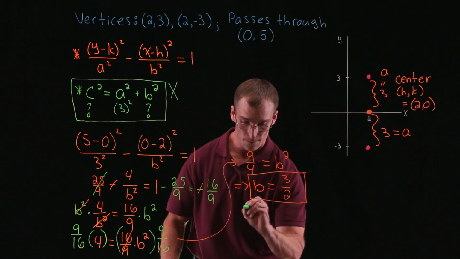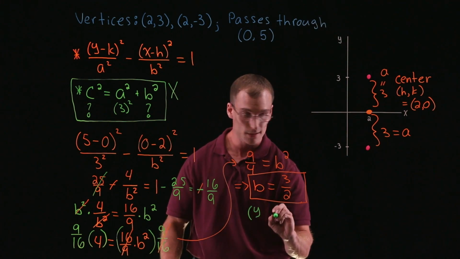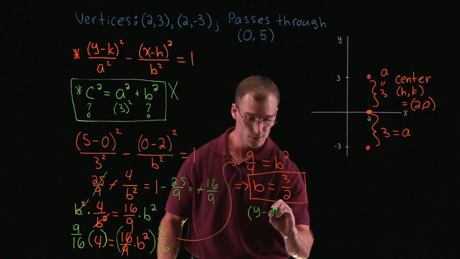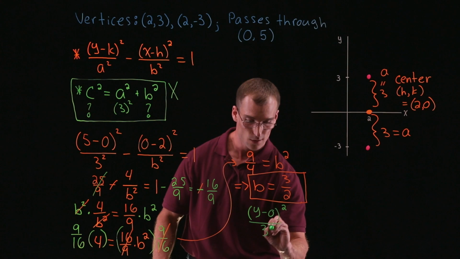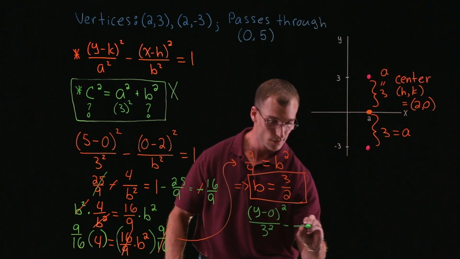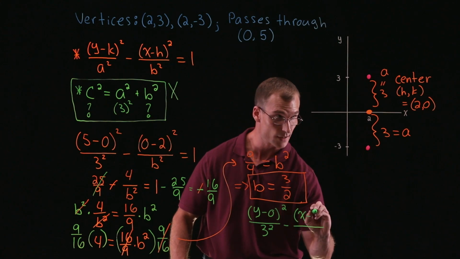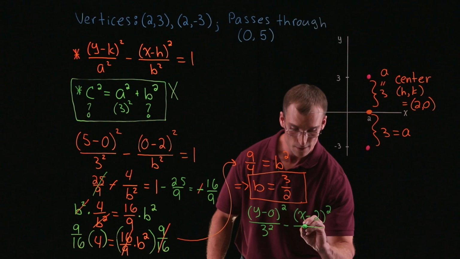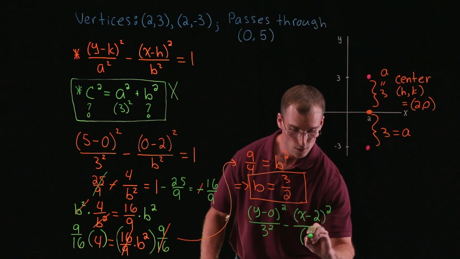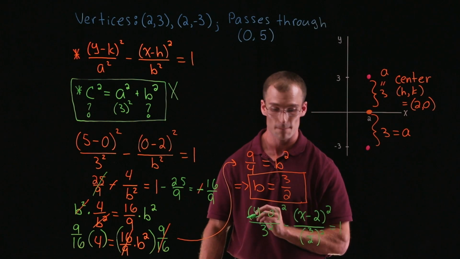So putting it all together, we're going to have y minus k, or y minus 0 quantity squared, over 3 squared, minus x minus h, or x minus 2 quantity squared, over b squared, or (3/2) squared, and that's equal to 1.